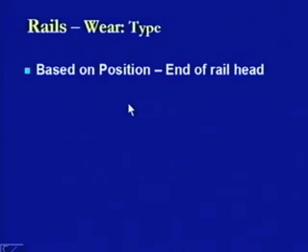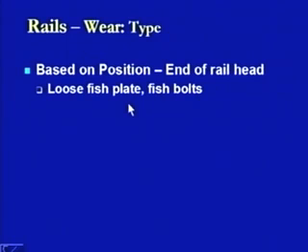Now, another case, on the basis of position, is the end of the rail head. In the case of the end of the rail head, there are some reasons. Again, we may find some repetition of the reasons because we are talking about the rail head. One condition is loose fish plates or fish bolts.